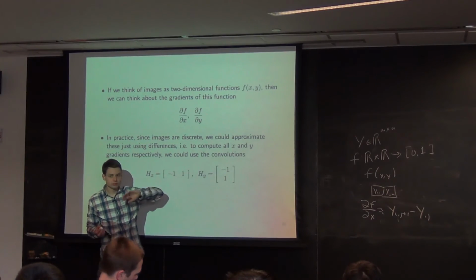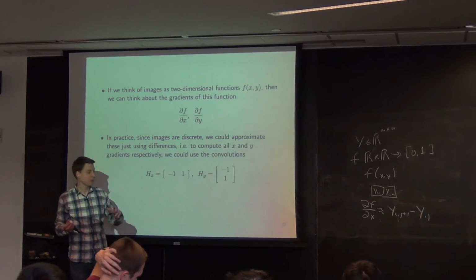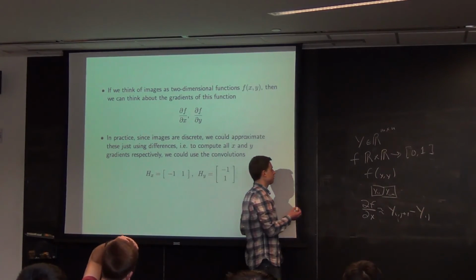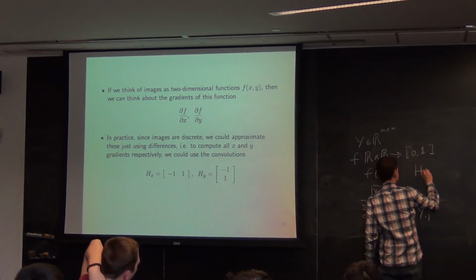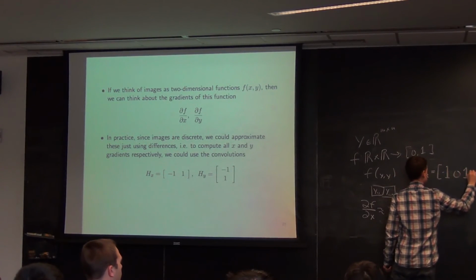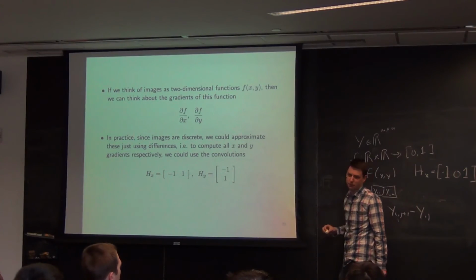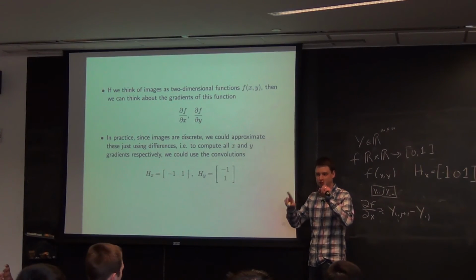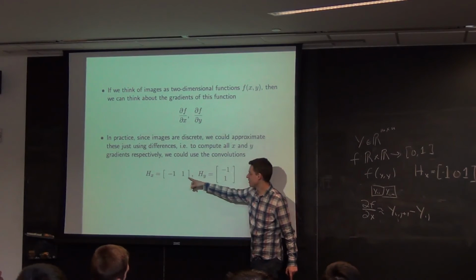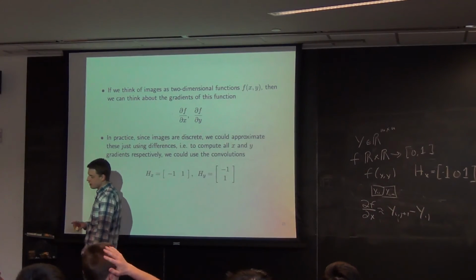Now, caveats being things like, people typically don't use even size filters, so it's more common to use this. Not too big of a difference, but people typically use the average on one side or the other to compute the difference rather than just difference over adjacent pixels.